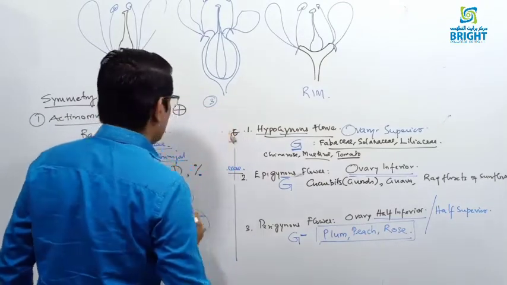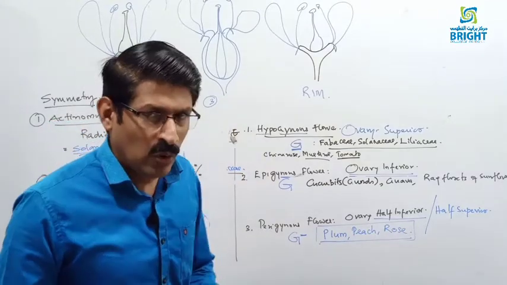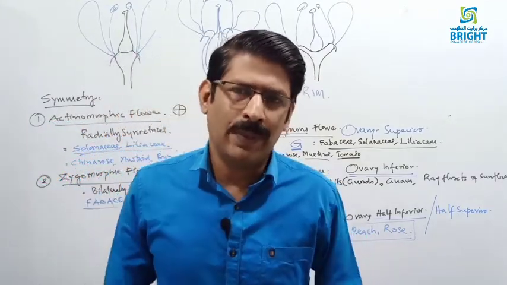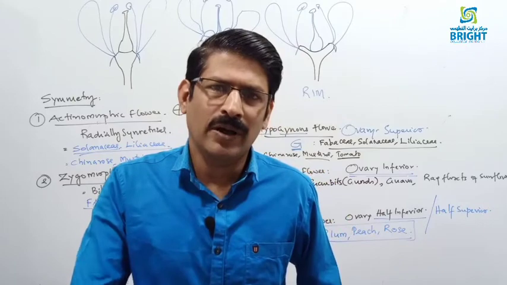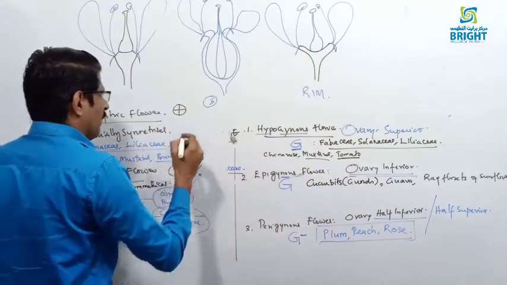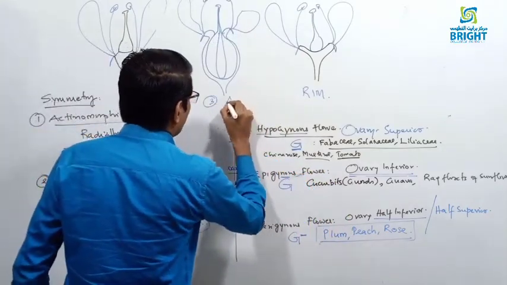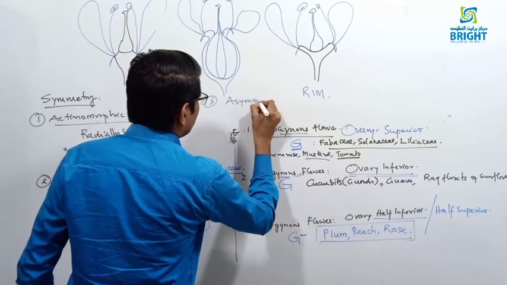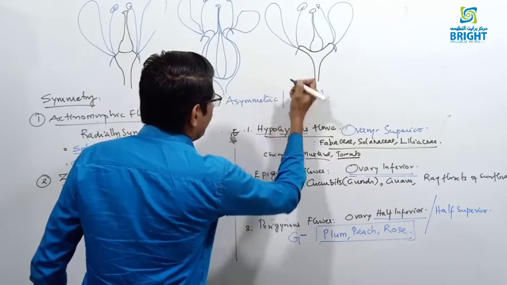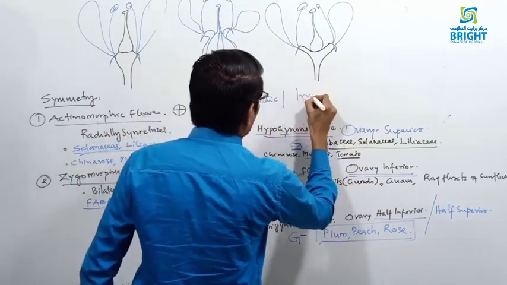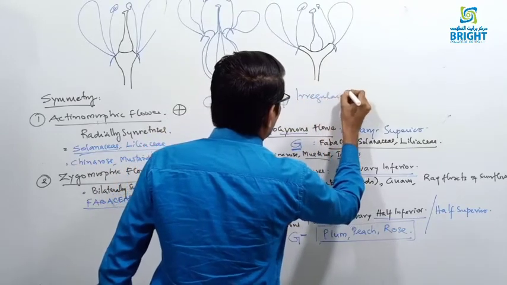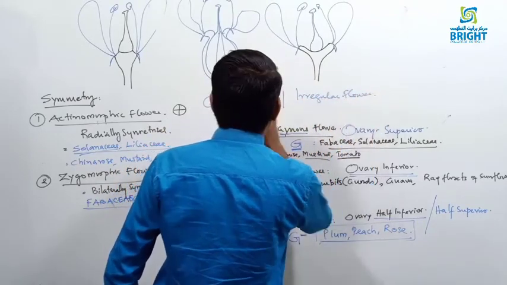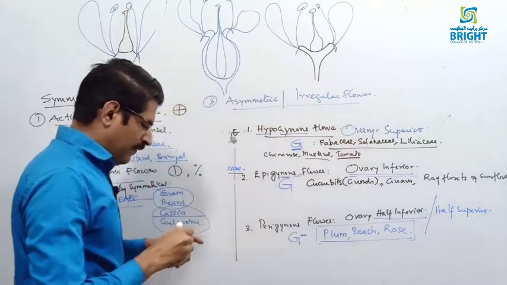And the third type of flower is one that cannot be divided through any vertical radial plane. Such a flower is called asymmetric or irregular flower.